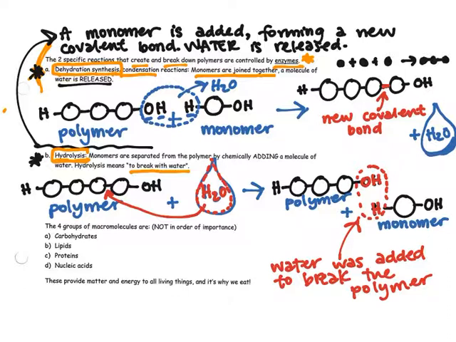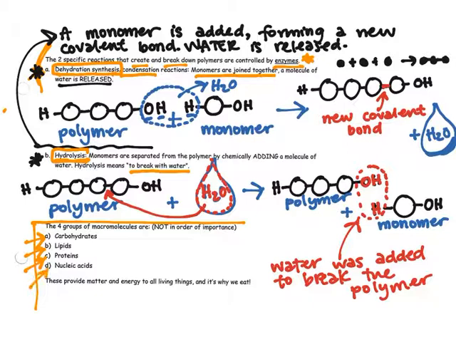Great job. Let's next read about the 4 different types of macromolecules, and then we'll tackle each one at a time. So the first one, carbohydrates. These are macromolecules that are made up of sugars that are all bonded together. Lipids are made of glycerol and fatty acids. Proteins are made up of amino acids.